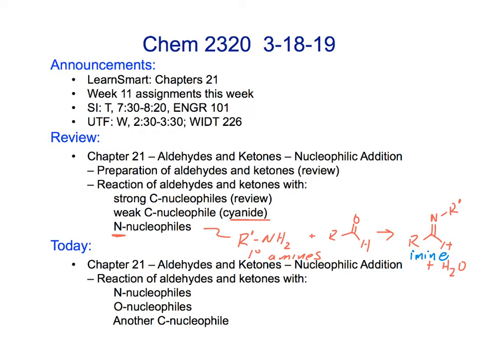The specific example we talked about was connecting retinal, which is a visual pigment in the rods of the eyes. It's used for detecting black and white vision. And that retinal connects to a protein called opsin through a Schiff base. Well, this is sometimes called a Schiff base in biochemistry, but it's an imine.